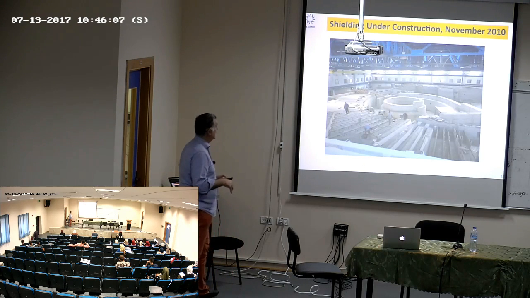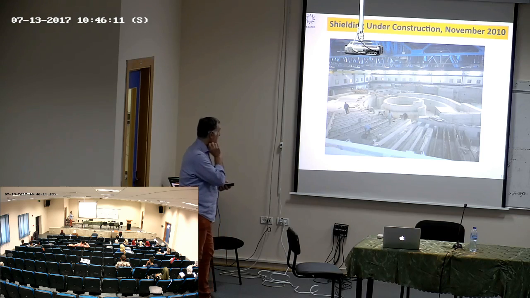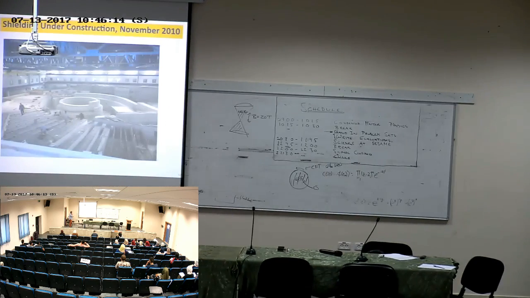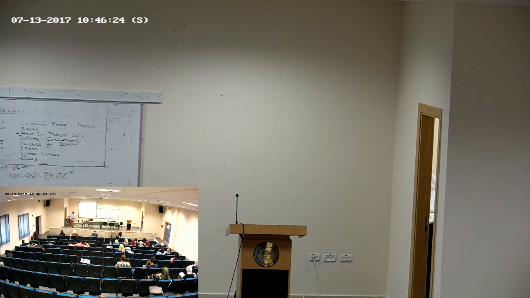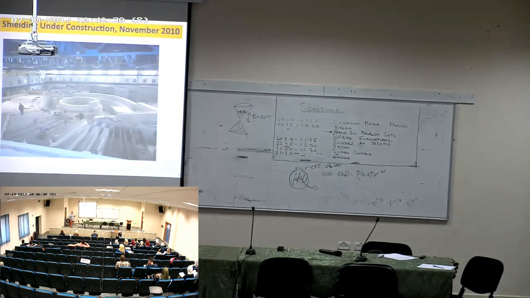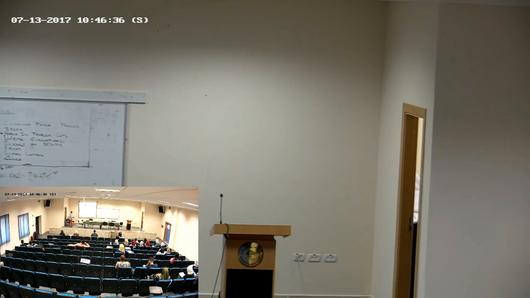The top is removable. This is a picture of the construction of the shielding, which was taken in 2010. So you can see all the workers. The side wall is fixed with opening for the beamlines, while the roof is movable, because you have to be able to access the tunnel to put components.